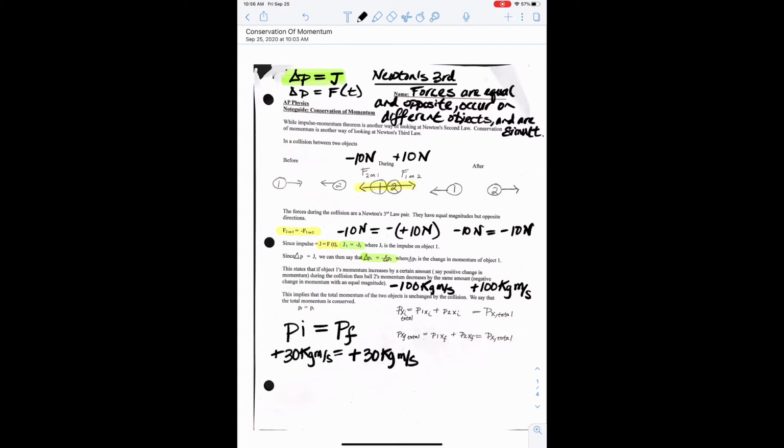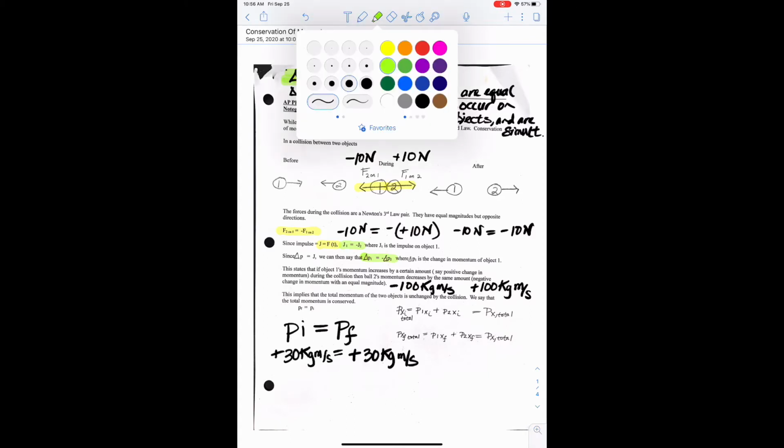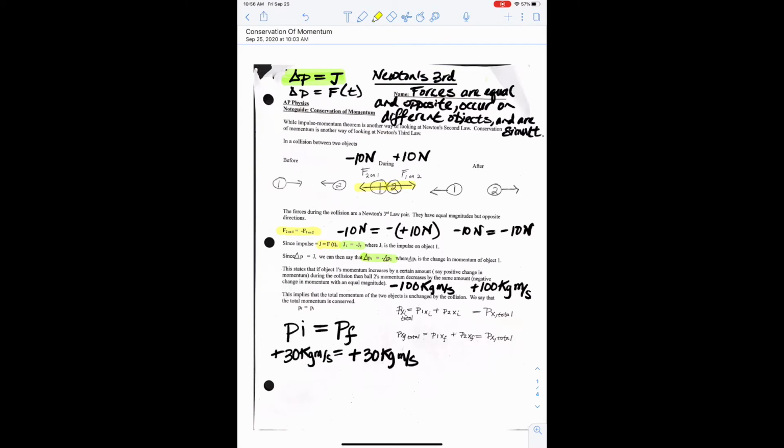And because of the objects in the collision, maybe one of them, by colliding, experiences a change of negative 100 kilogram meters per second, but the other one experiences a positive 100 kilogram meters per second, and therefore you started with 30 and end with positive 30.